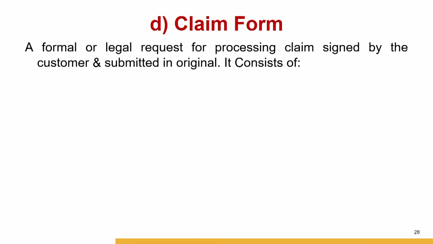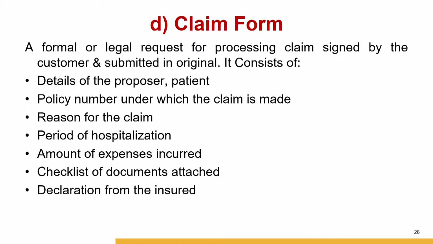Another relevant document is the claim form. That is also very relevant in the health insurance industry, and even with other insurance classes also. So a formal or legal request for processing claims, signed by the customer, is submitted in original.